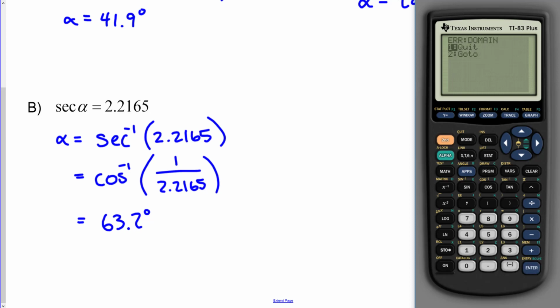You're going to get a domain error, which is basically telling you that your input is incorrect. So in order to do an arcsecant, you have to do 1 over the given value, and then do the arc cosine. That's everything for this lesson. Good luck with the homework, and see you in the next lesson.